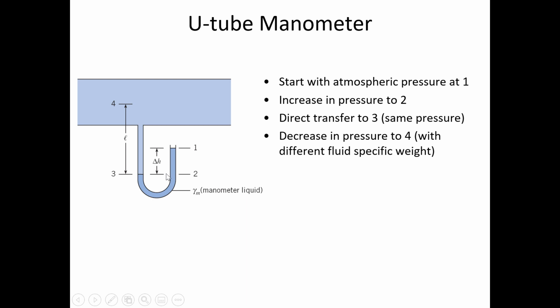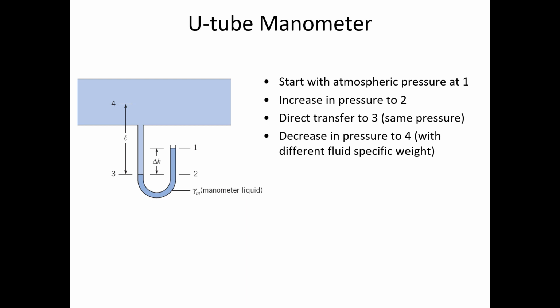So from a problem-solving standpoint, the way that we use U-tube manometers to determine the pressure inside the pipe is we start where we know something. It's the same thing that we did with those multi-liquid problems, where I said the strategy is you start at the surface because you know the pressure at the surface is zero gauge pressure.